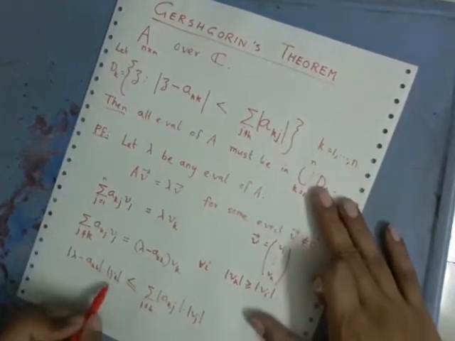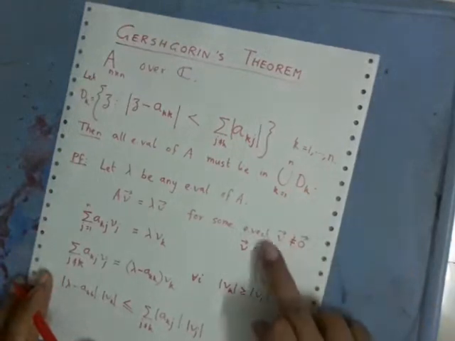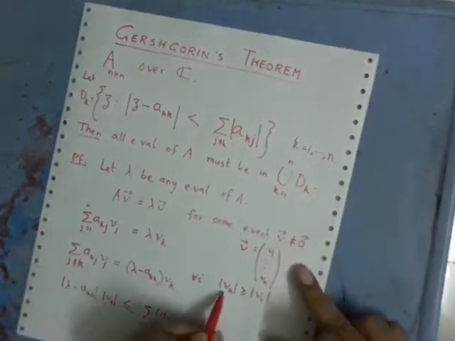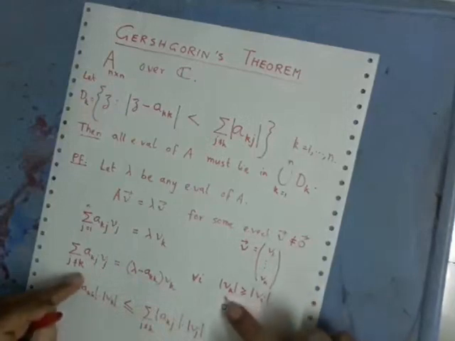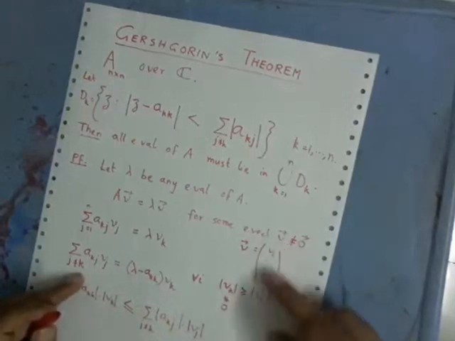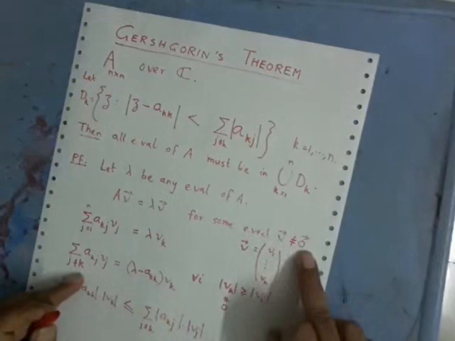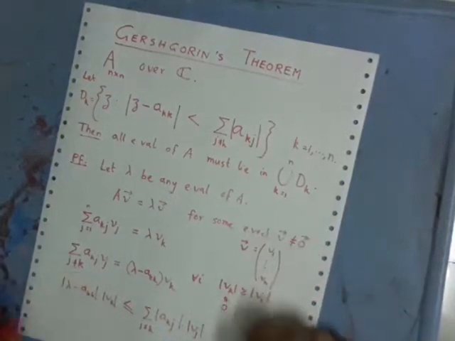Now I plan to divide by the absolute value of Vk. Observe that since my V is non-zero, this quantity must not be equal to 0. If even the maximum absolute value is 0, that means everyone else is 0, which means V vector will be 0, which is not allowed. So this is non-zero, I can safely divide.